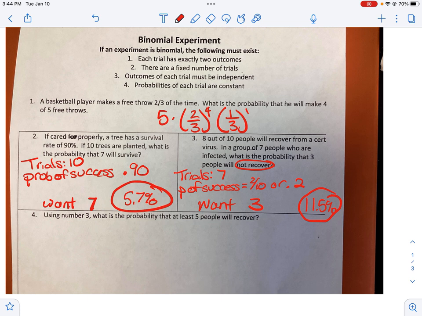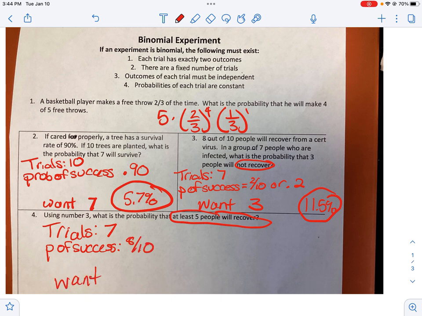And then this last one, what is the probability at least 5 people recover? So our trials, again, there's still 7 people. The probability of success, we want people to recover, so that's 8 out of 10. And then what do we want?